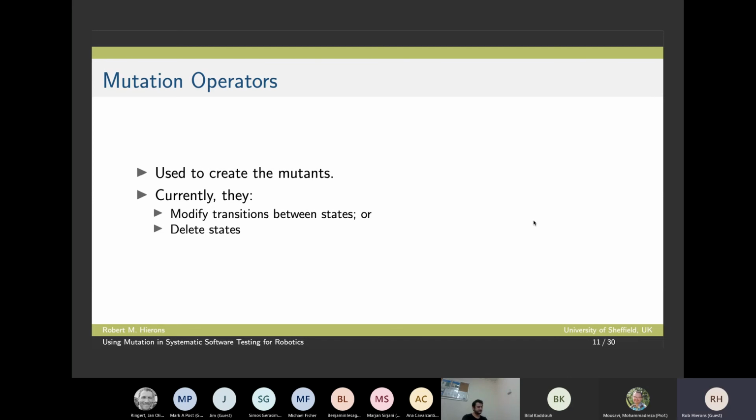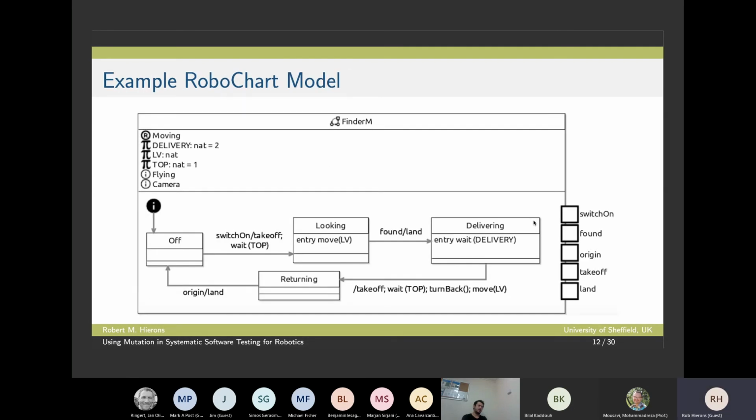At the moment, the operators do very simple things. They modify transitions, they delete states. They can change things on transitions, such as clocks. So, some examples of the kind of things a mutation operator might do.